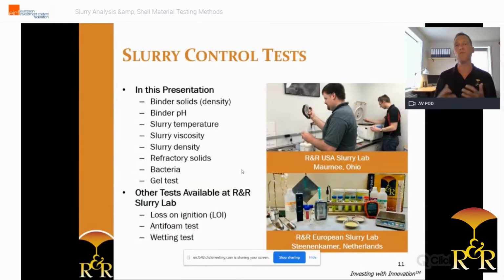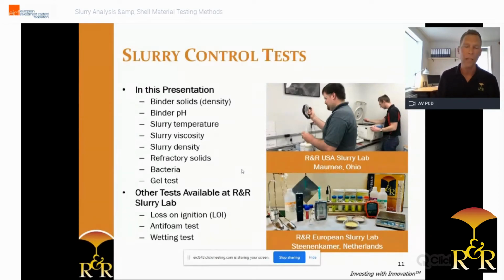So a number of relatively simple tests were developed over time that can be performed by actually any user of ceramic slurries. In the presentation, we will go through the procedures and the backgrounds as they are listed here. It should help you to understand better why these are performed and also how.